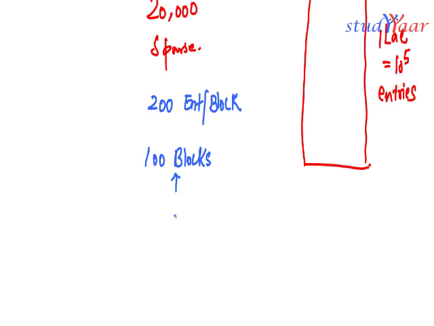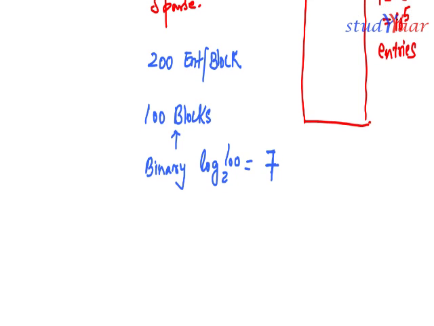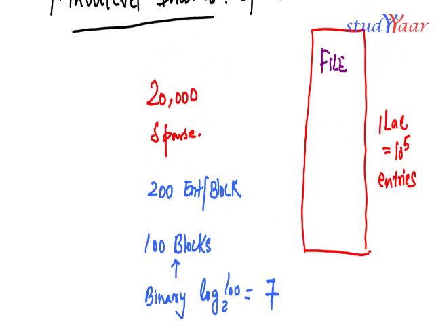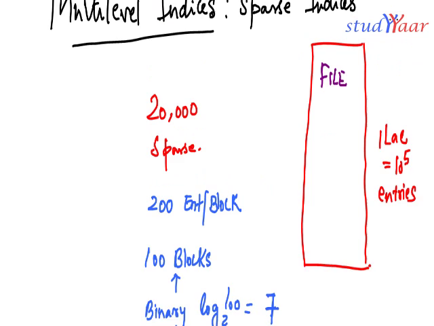Or rather, if, let's suppose, we can do the binary search, then I would need log of 100, which is around 7. So at least I have to make 7 block accesses to find a particular record. Okay.